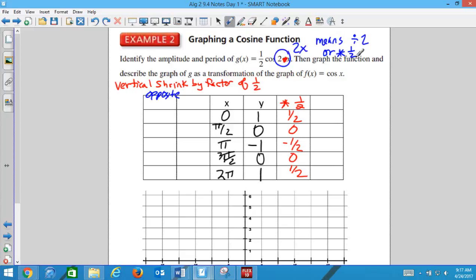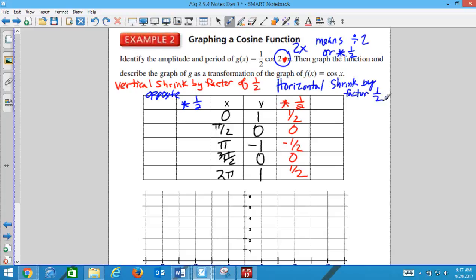You can do whatever's easier for you, either divide by 2 or multiply by half. So what would that transformation be called? So this is going to be a horizontal shrink by a factor of a half.